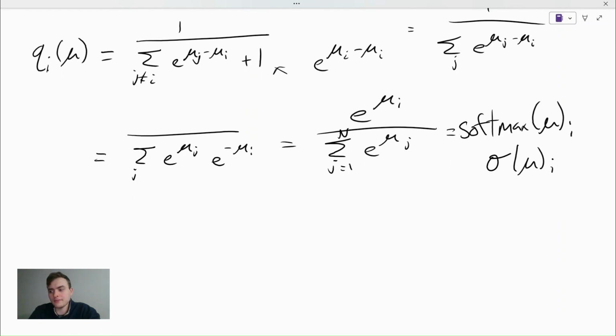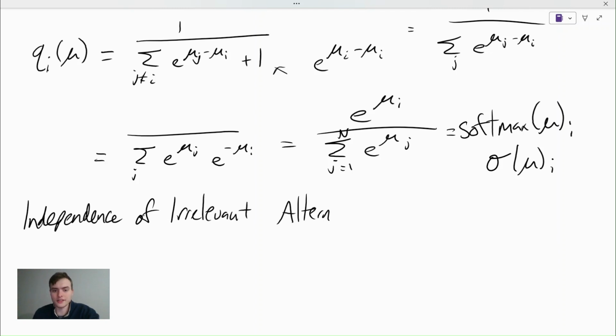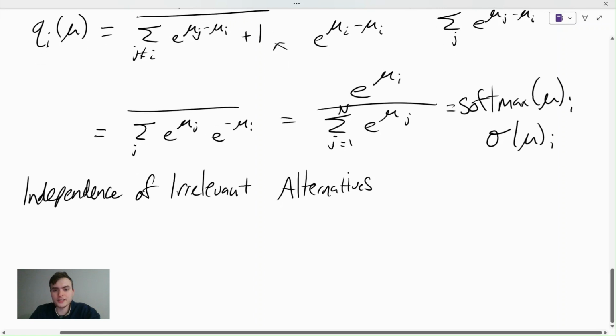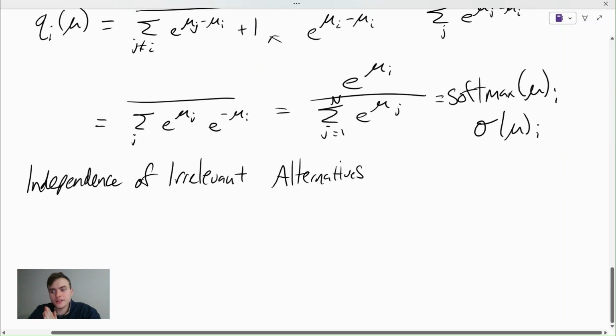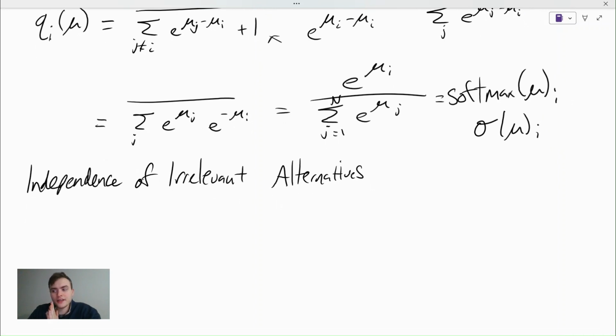And what's so nice about this is the independence of irrelevant alternatives. So comparison of two alternatives I and j only depends on the centers mu I and mu j, not any other alternatives.